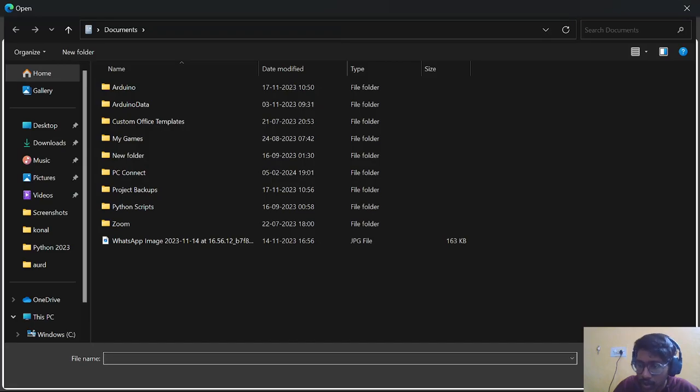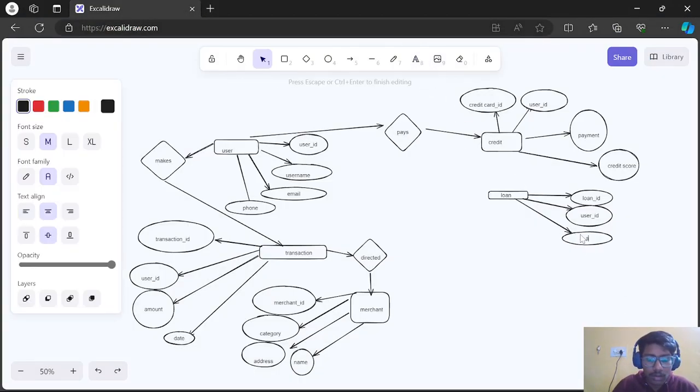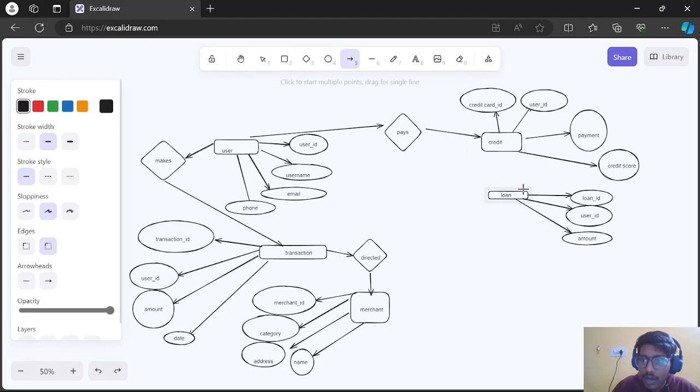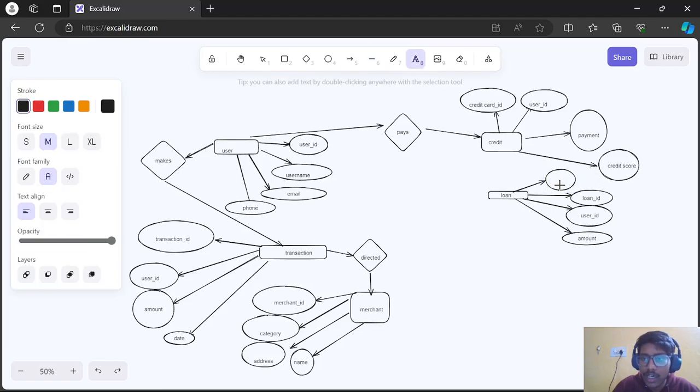Okay, I'm sorry for that. Amount, and at what date the user has taken this loan. So let's take it here. So that is the date.